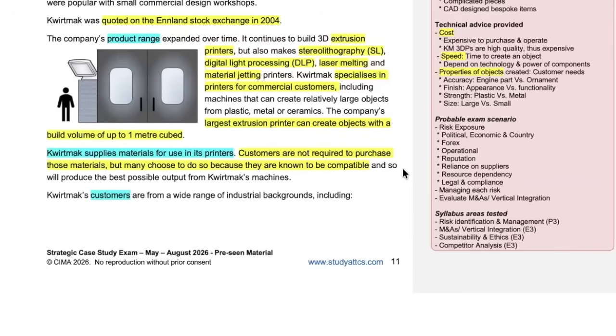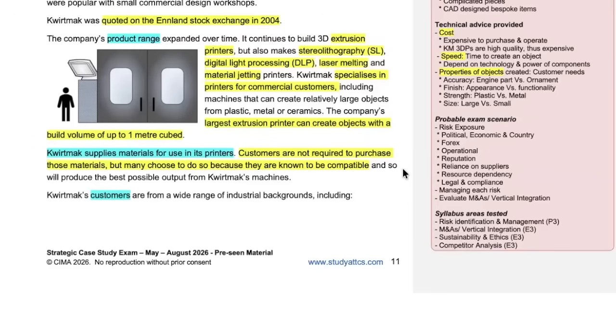So we are reliant on our suppliers, which is a risk, because if a supplier delays a supply or supplies us with low quality material or components, then it impacts the services we offer, and it impacts the quality of the printers we sell in the market. And also, this exposes us to a resource dependency risk as well, as I mentioned earlier.